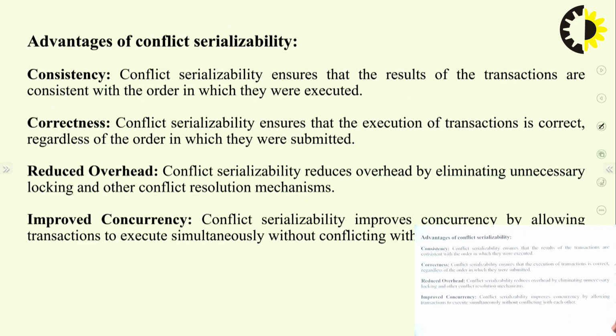So what are the advantages of conflict serializability? Consistency: conflict serializability ensures that the results of the transactions are consistent with the order in which they are executed, and the order should be maintained, in a way the serial schedule works. Correctness: it ensures that the execution of a transaction is correct regardless of the order in which they are submitted.